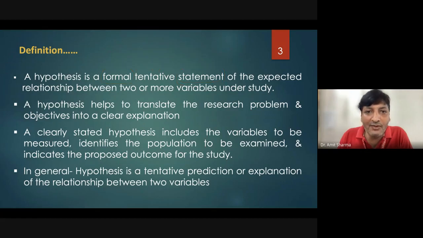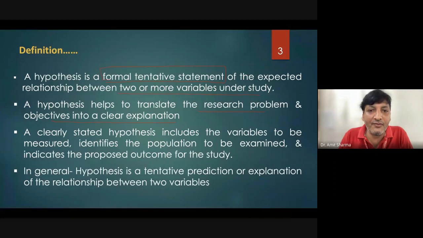So for hypothesis, these three terms you have to add in the definition: it is a formal tentative statement of an expected relationship between two or more variables under the study. So what are those two variables? One variable is your A, and the second variable is your B. Or you can say the relationship between the independent variable and the dependent variable. Now, hypotheses help us to translate the research problem and the objectives into a clear explanation.